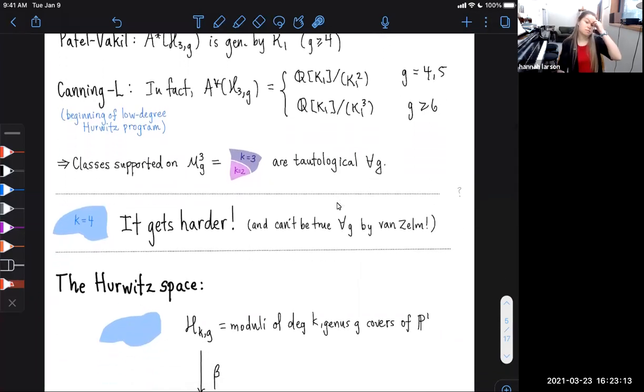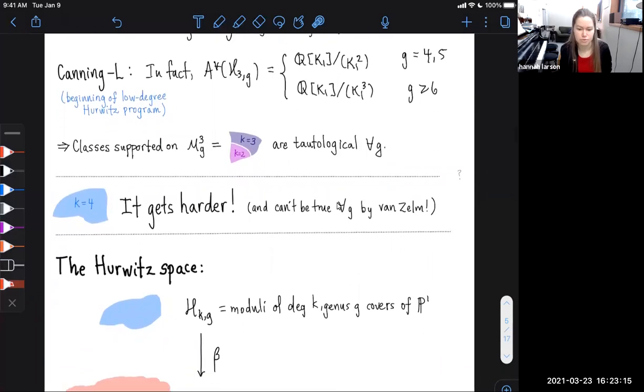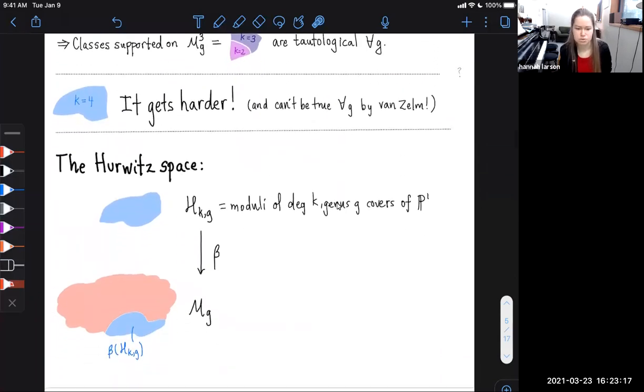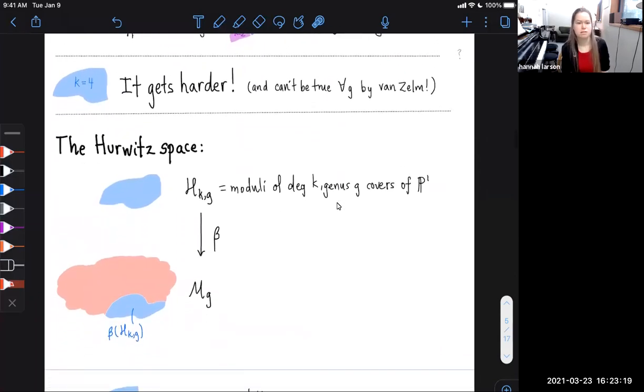But as in degree 3, we'd like to use the Hurwitz space. So H_{K,G} here is going to be the moduli space of degree K genus G covers of P1. And it admits a map to the moduli space of curves where we just forget the data of the map to P1.